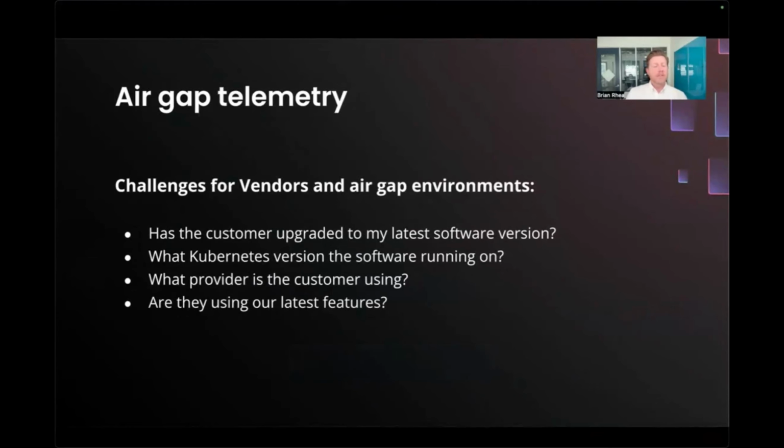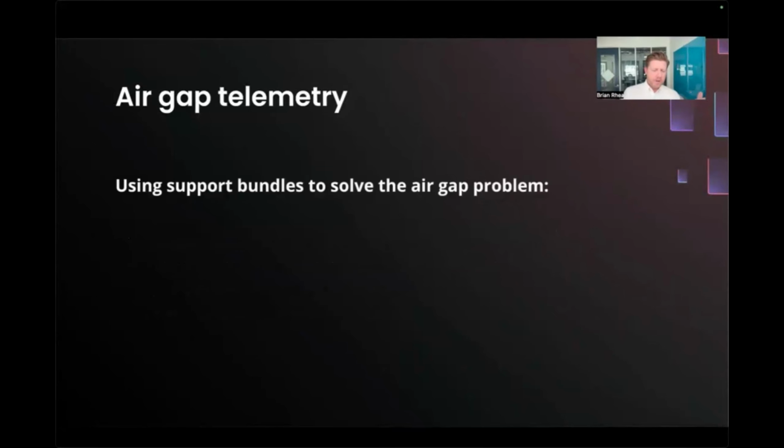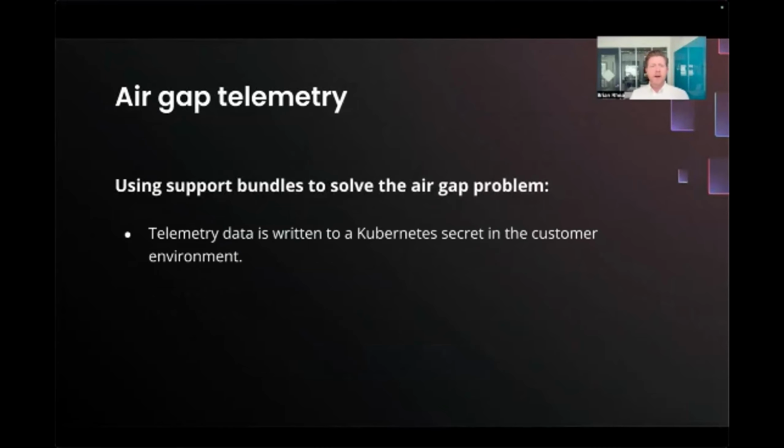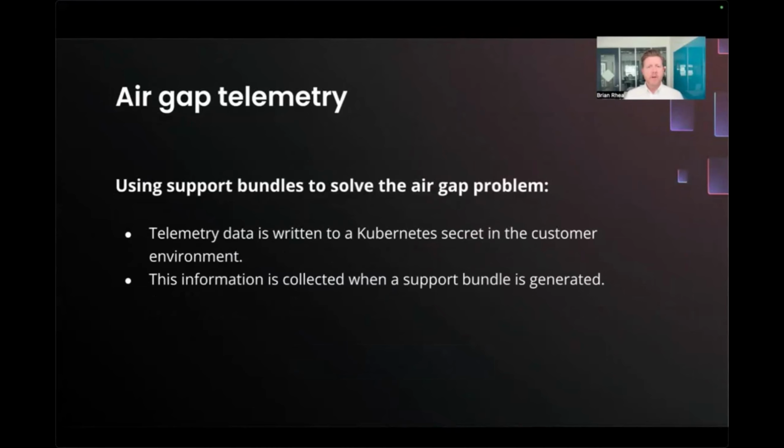In short, this probably resonates with you if you have a number of air gap installations. It's this feeling of it being just over the event horizon into some black hole, and you don't have a lot of visibility into it. Like I mentioned, and as Chuck alluded to, the way that we're solving this problem for you is to use the support bundle generation process to collect that telemetry. In the air gap instance, all of that data is written to a Kubernetes secret in the customer environment.